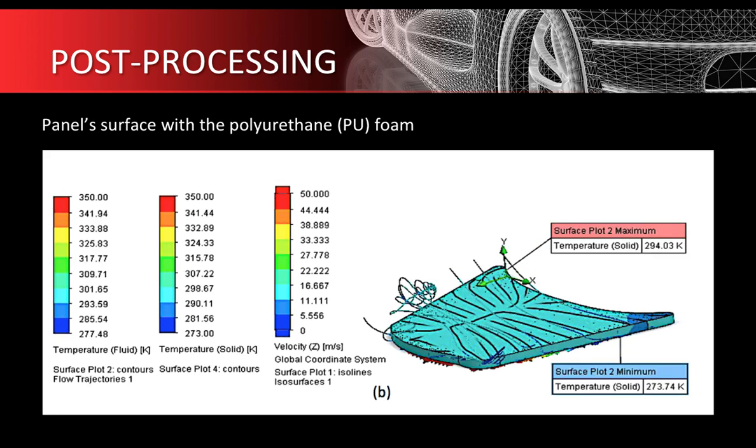The following investigation is performed for the hood panel covered with the PU film. In this case, the maximum temperature shown by the software is about 294.03 Kelvin or 21.03 degrees Celsius. In depth, the PU film contains abundant tiny and large air gaps or voids in its structure. These air gaps reduce the heat transfer by conduction, thus resulting in a lower rate of heat conductivity across the material.